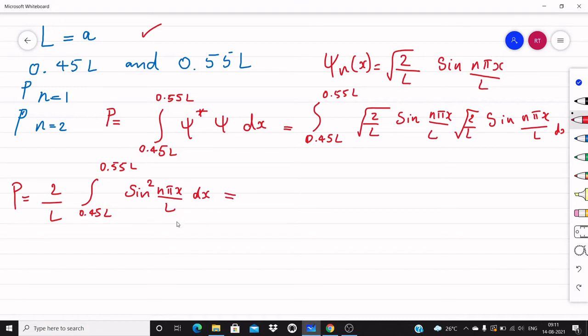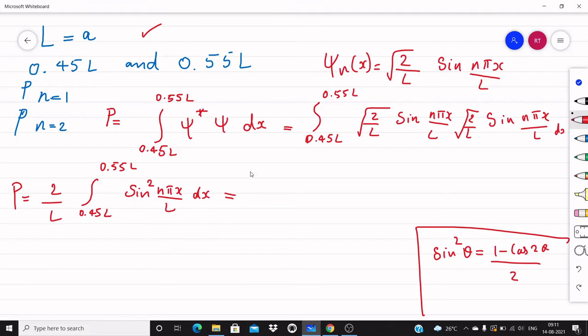Now when we have a sine square function, what we are going to do is convert it into cosine, that is sine square x is equal to 1 minus cos 2x by 2. You have to use that identity: sine square theta is equal to 1 minus cos 2 theta by 2. So we are going to use this identity.